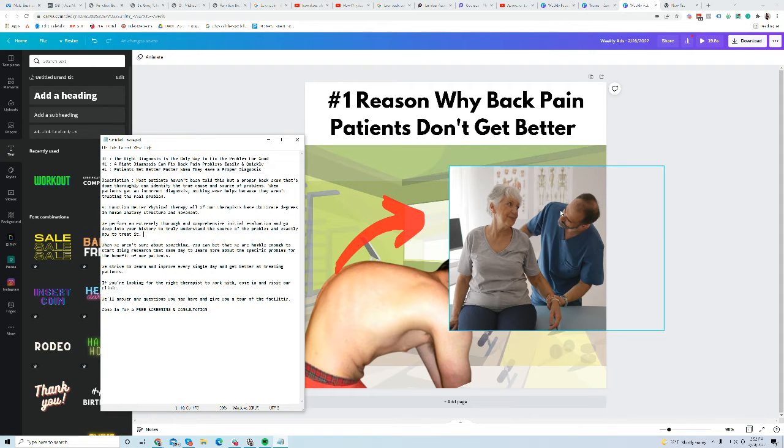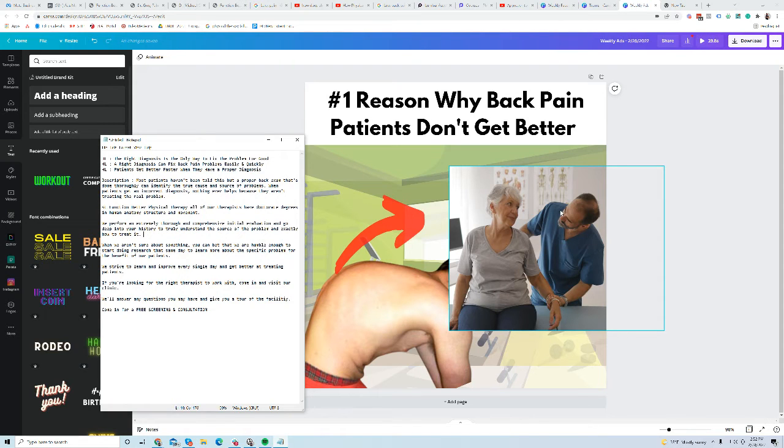So that's why I use the picture of this guy with kyphosis to stand out, because Facebook is a competitive platform. Let's be honest, right? If you're using the same ads and the same images that everyone else is using, guess what? Your marketing budget isn't going to be efficient, you're not going to get clicks, and people are just going to scroll right past your ad.